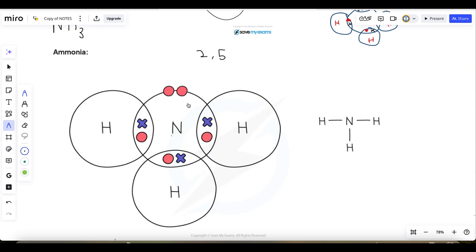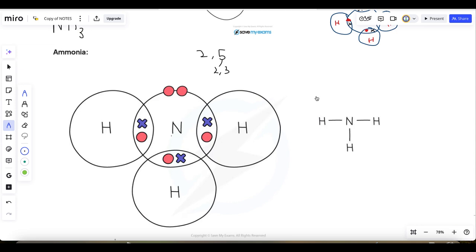So the nitrogen is this red one. So first, from this 5, it will keep 2 anywhere it likes. And then the remaining 3, it will share 1 with hydrogen this way, 1 with hydrogen this way, and 1 with hydrogen this way.